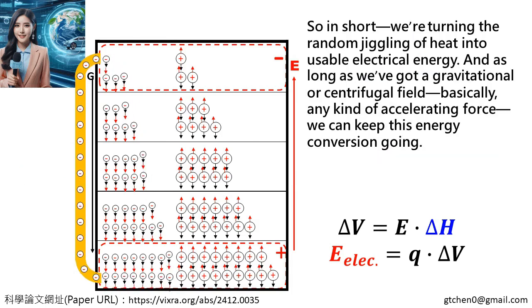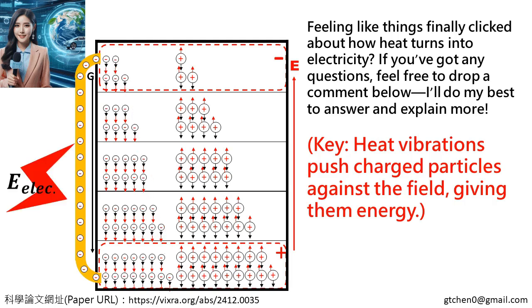So in short, we're turning the random jiggling of heat into usable electrical energy. And as long as we've got a gravitational or centrifugal field, basically, any kind of accelerating force, we can keep this energy conversion going. Feeling like things finally clicked about how heat turns into electricity?